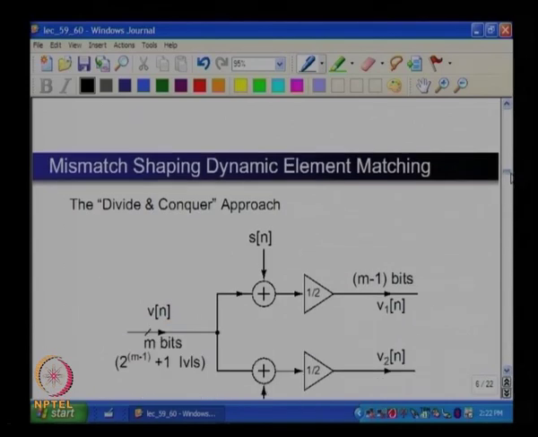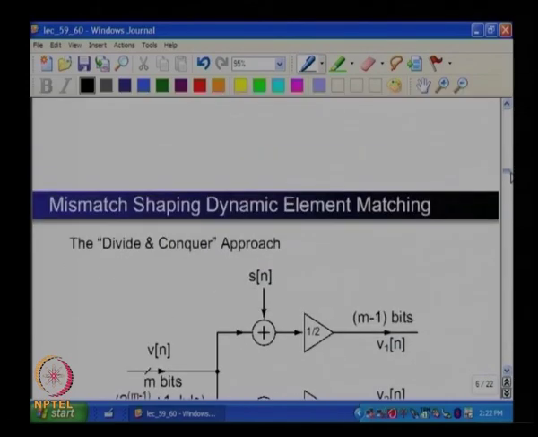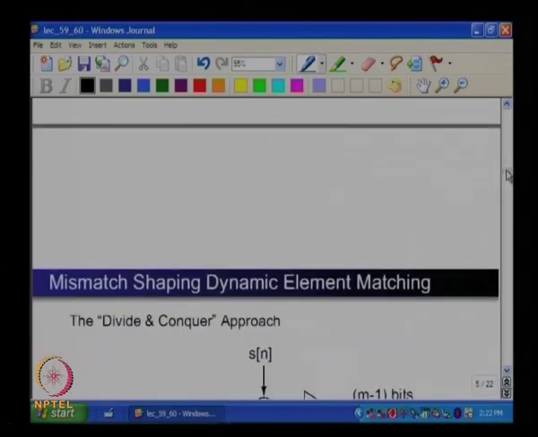All right. So, one way of doing this, the aim therefore is to make each thermometer drive waveform a linear function of V, all right.